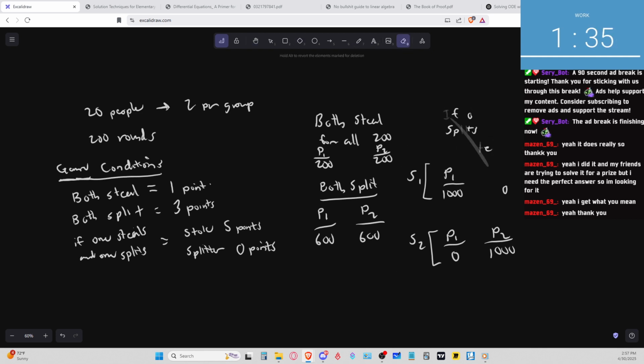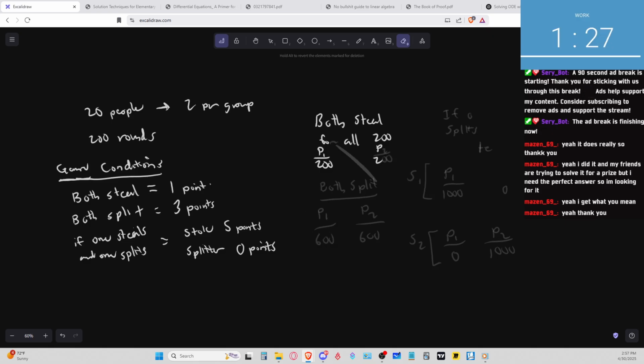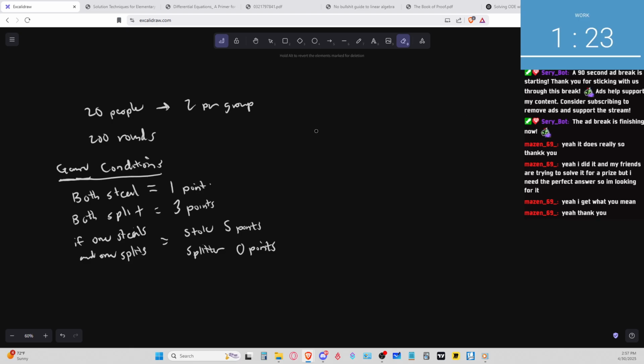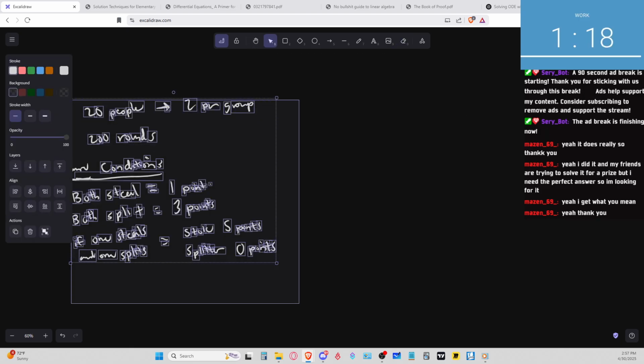I'm going to erase this so I can actually have space to write these other problems down. I don't want to write underneath the one that Mathodux is showing us, because I feel like we can learn a lot from that one.